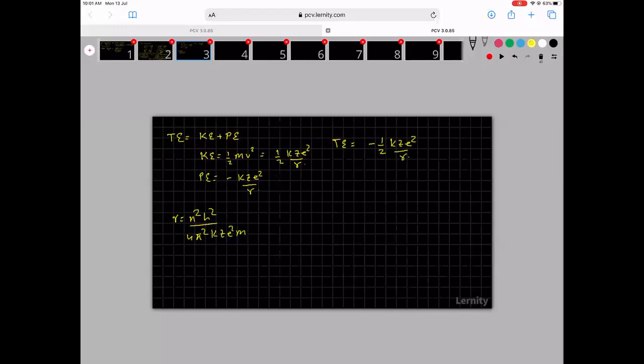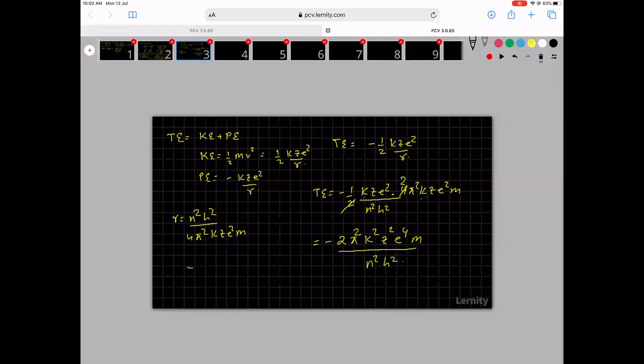So substitute. So you will get total energy is equal to minus 1 by 2 k z e squared by n square h square into 4 pi squared k z e square m. So this 2 and this 2 will get cancelled. So this is equal to minus 2 pi square, k into k is k square, z into z, z square e power 4 m by n square h square.